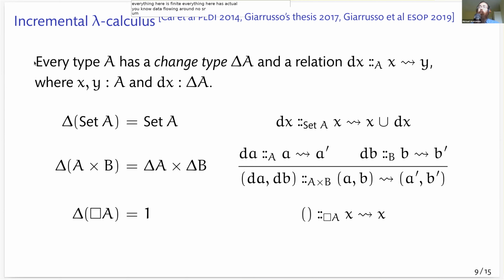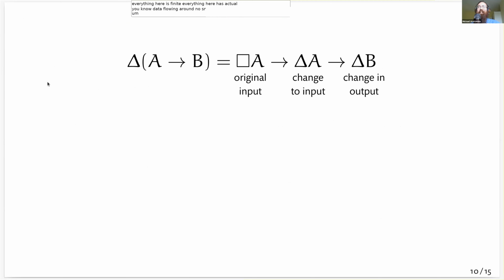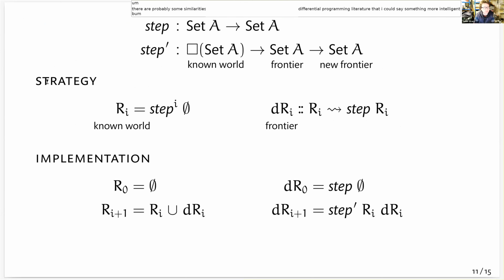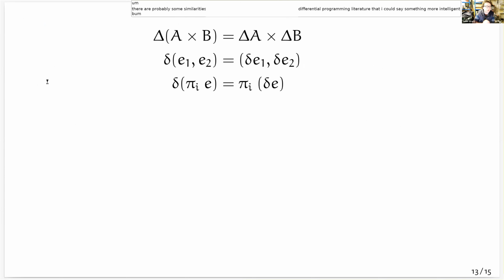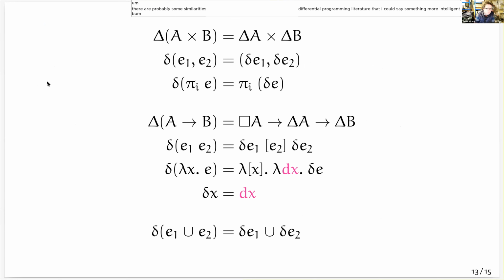There are probably some similarities even so. I wish I were more familiar with the differential programming literature so I could say something more intelligent. Ultimately, even in numerical differential programming, they don't have real numbers. They have machine floats, so everything is discrete. I wouldn't be surprised if there was some connection between these change types and the differential types at some level. But anyway, thanks for reminding me of that background.